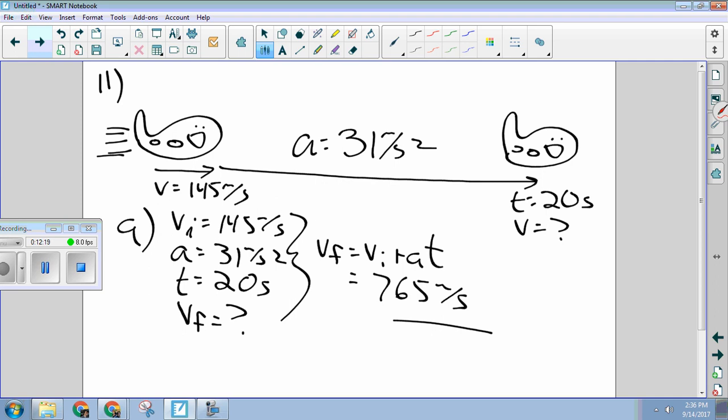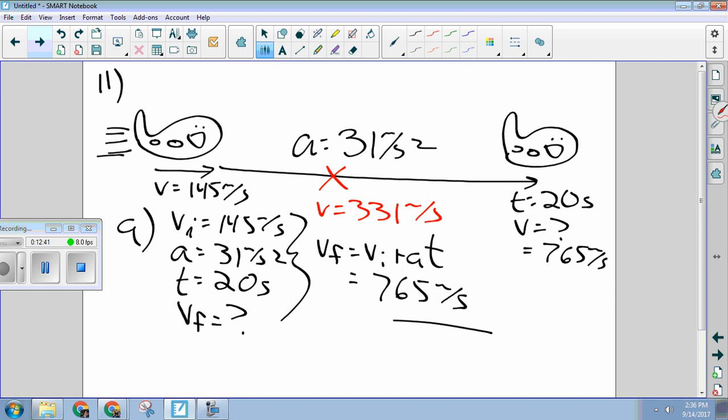So the idea is, look, my jet started out at a velocity of 145. And by the time it got to over here, the velocity was 765. So do you guys agree that if I'm going to go from 145 to 765, somewhere in the middle there has to be a point where my velocity is 331 meters a second, right? Follow?